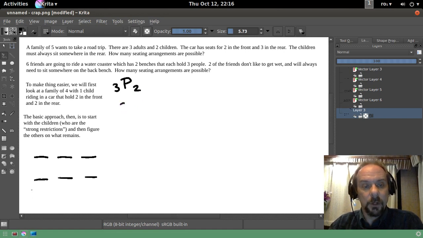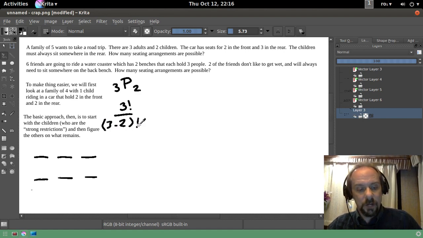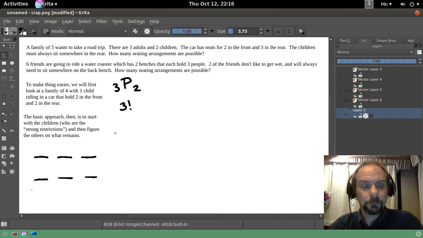Again, that formula is 3 factorial over 3 minus 2 factorial, which again is 1 factorial, which of course is 1, and 3 factorial over 1 is simply 3 factorial.